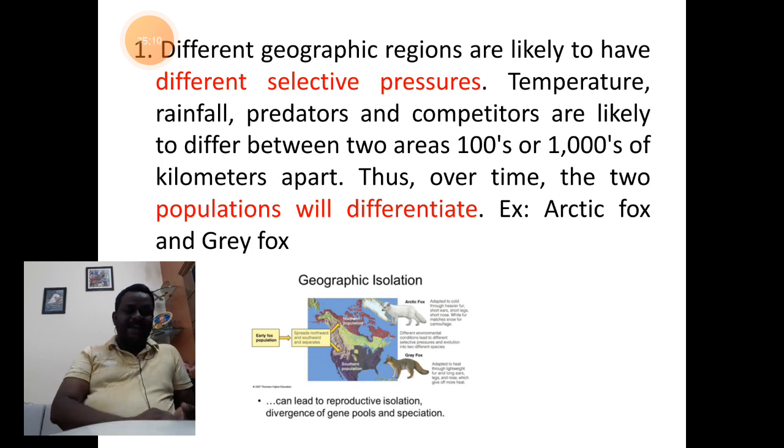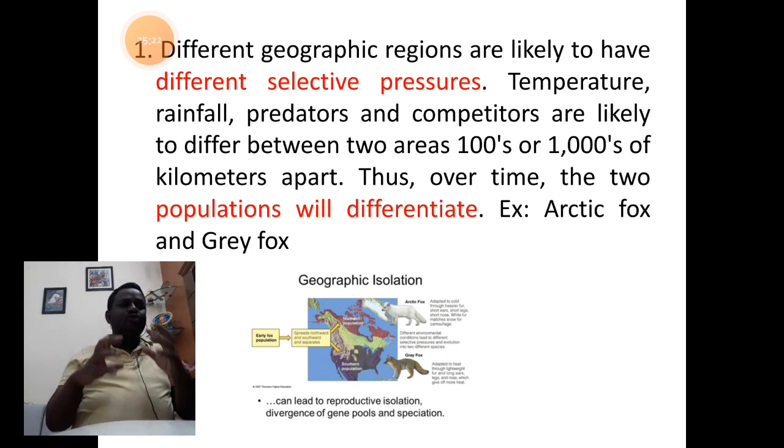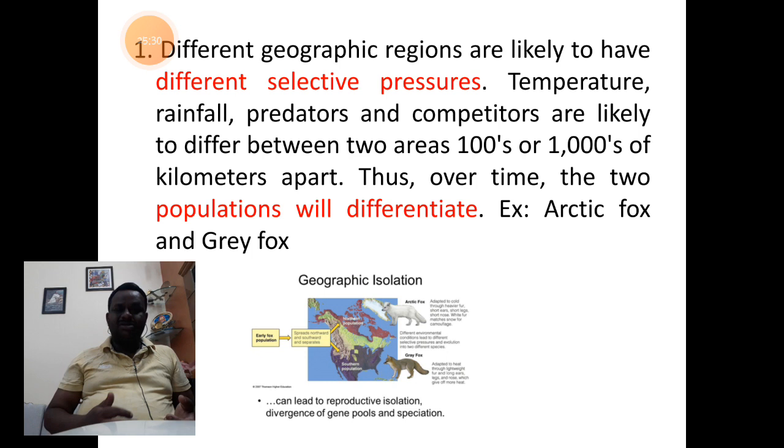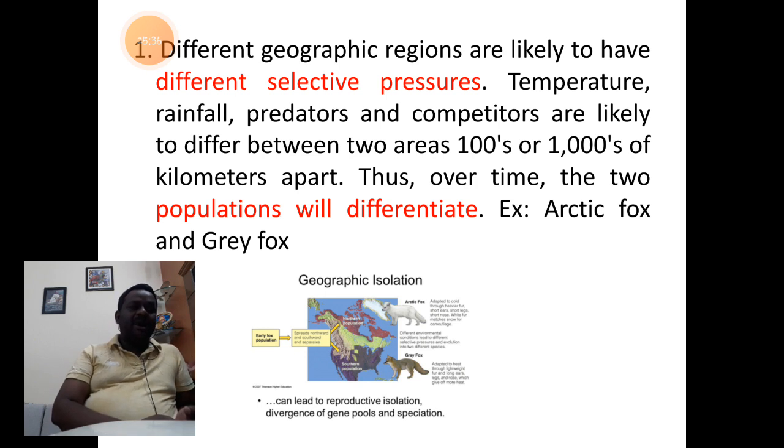The reason to understand how geographical isolation leads to reproductive isolation. Number one, the new species will be exposed to a new environment like new temperature, new rainfall, predators, competitors, etc., at a very vast area of barrier.